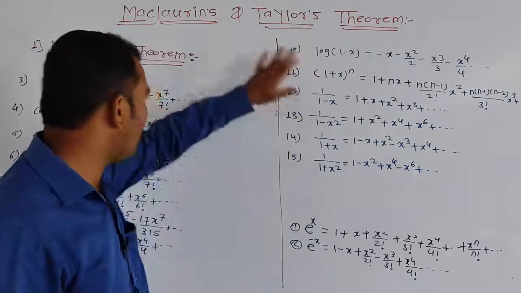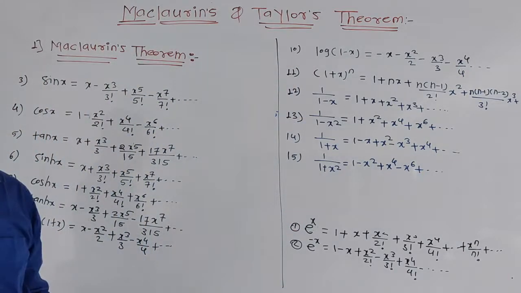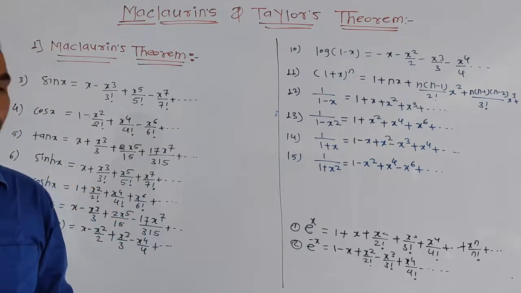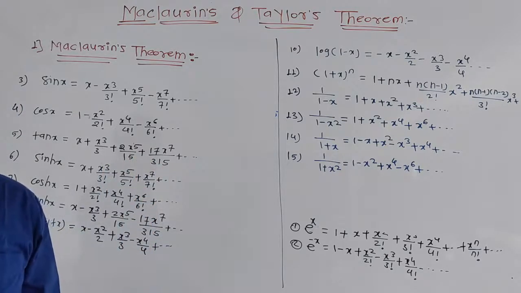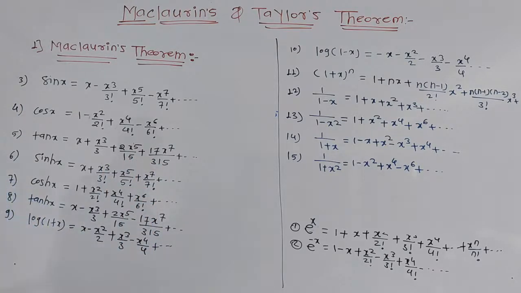These are all important infinite series. We have to show every result by using the Maclaurin theorem. These series should be perfect for you. Then after that we will discuss some examples on the Maclaurin theorem.